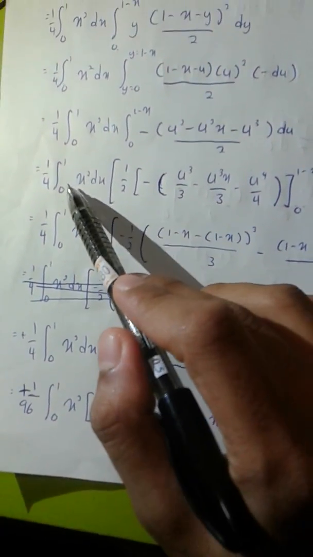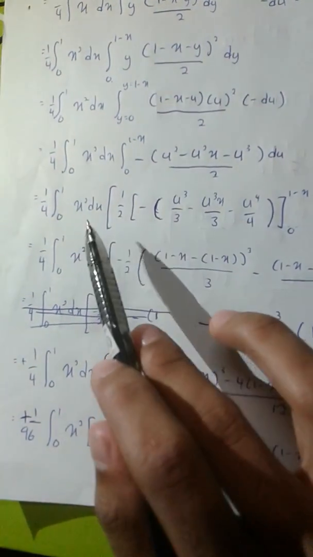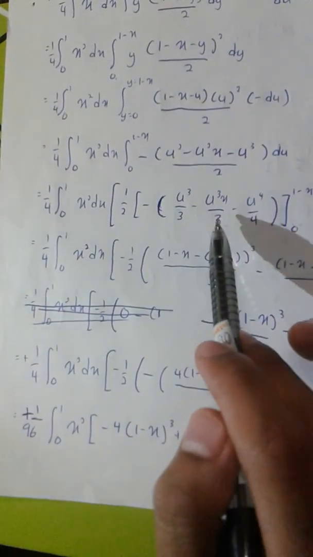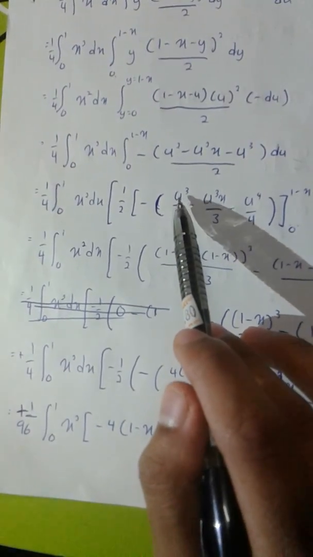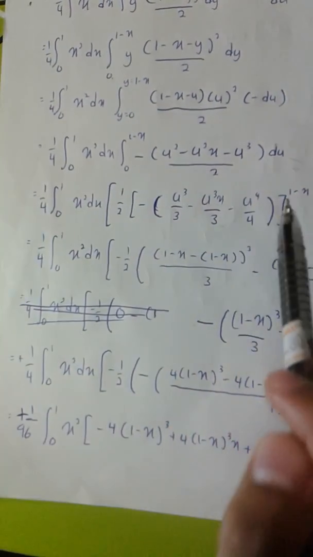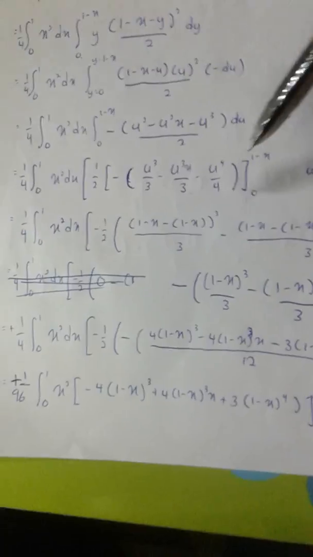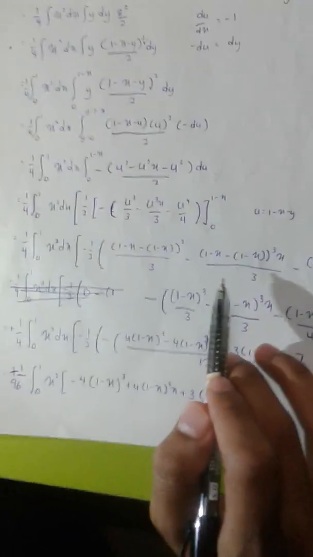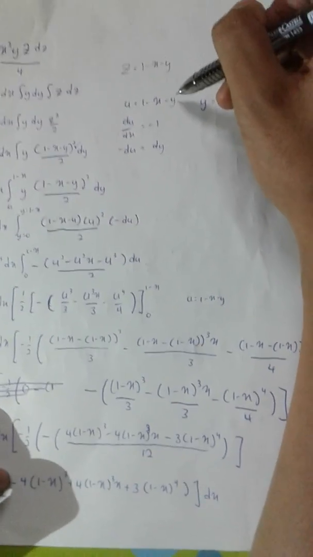Alright, next step is we put the 1/2 outside the bracket, and we integrate each term, and we get u cubed over 3 and so on. Then we plug the limits into the equation, and we get this equation. As we know from the previous equation, we let u equal 1 minus x minus y.